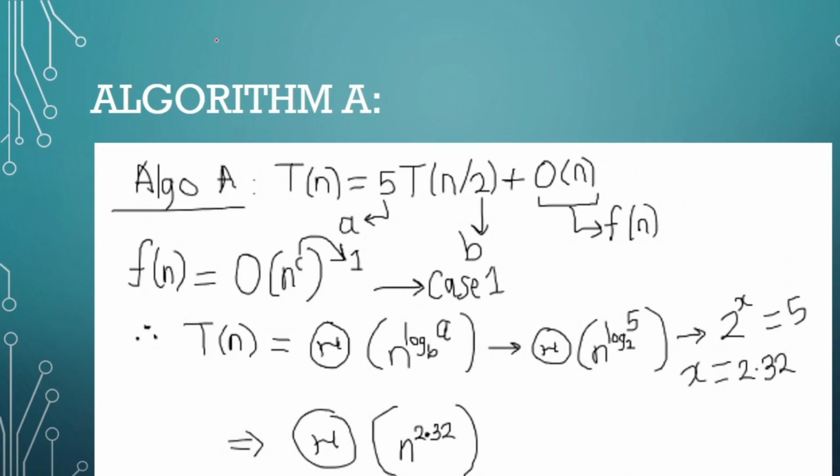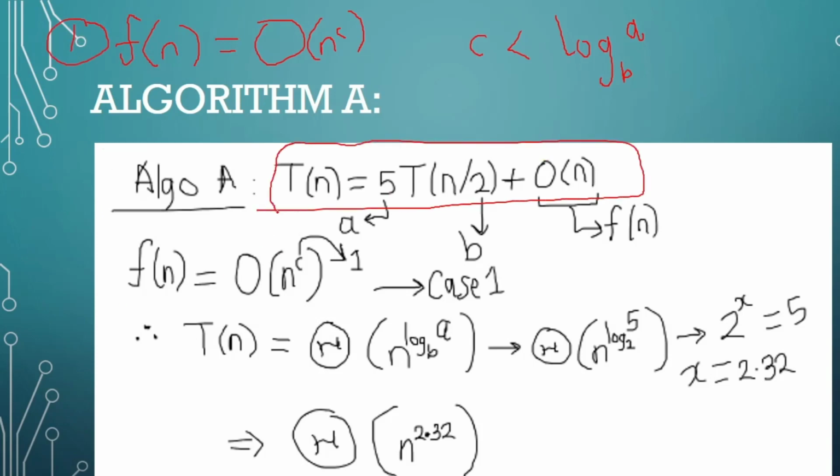So remember that in case 1, f(n) equals O(n^c), whereby c is less than log base b of a. This was case 1. So let's see if it matches case 1 of the master theorem. This is the recurrence relation that we just deduced from the problem statement, and we're checking.